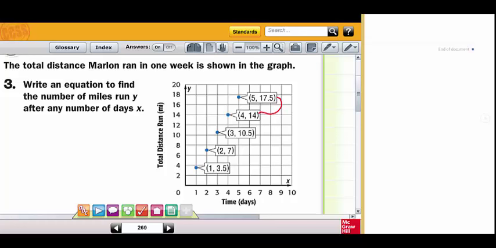Now technically this isn't a drop, this is a rise, but we're going in reverse, so we can just keep going down. We have 17.5, we're subtracting 3.5, so if we go from here down to the next point, we would subtract 3.5, so we would be at 0 for our y value.